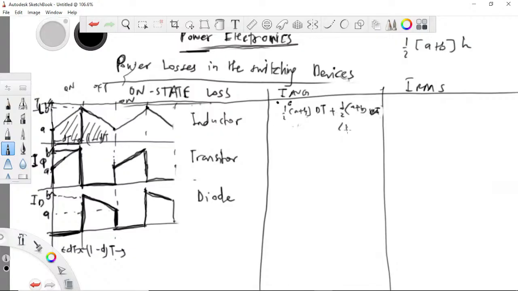So here it is (1 minus d)T all over T. And when you sum this, you get (A plus B) over 2.